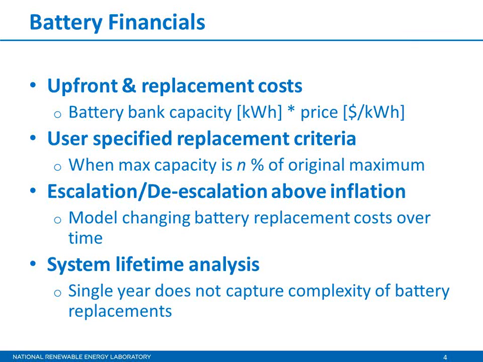So we allow you to select at what degradation level you choose to replace your battery bank, or you can input your own schedule for replacements. You can also look at escalation and de-escalation costs of battery technology. So, with the Tesla Gigafactory, maybe battery costs will get cut in half, and so you could model that. And then, as I mentioned, the system lifetime analysis really allows you to capture the complexity of battery replacements as you use it.